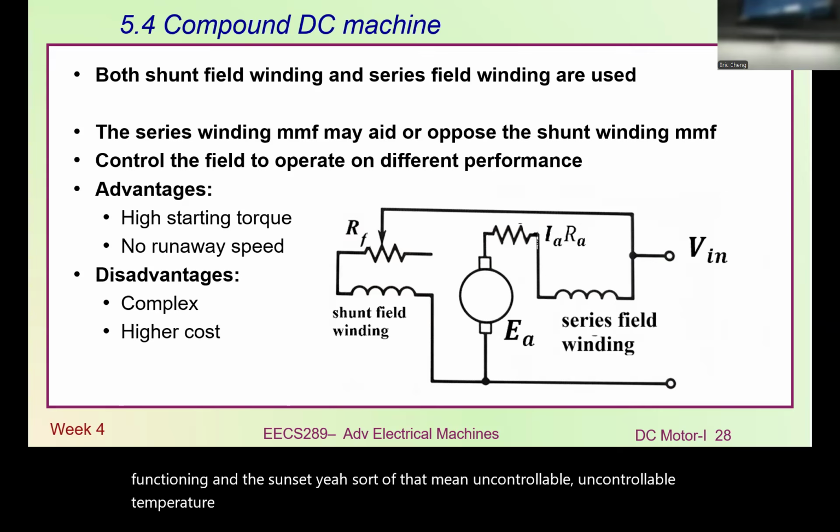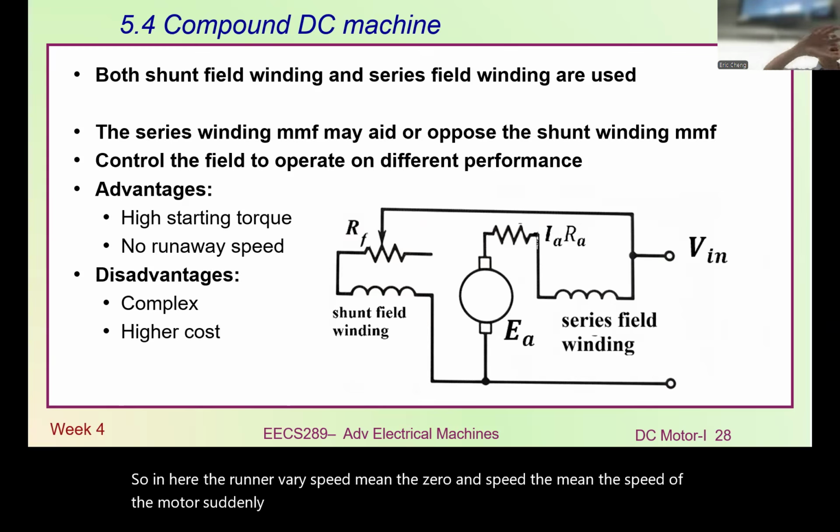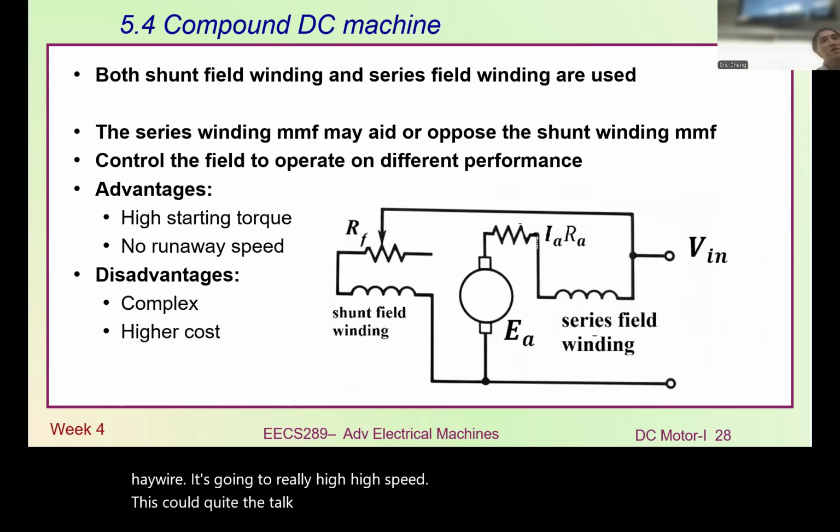So in here, the runaway speed means the speed of the motor suddenly goes haywire, to really high speed. This could be quite dangerous. There is no runaway torque. The torque will be fixed by the input voltage, by the input current, unless you short circuit, right?